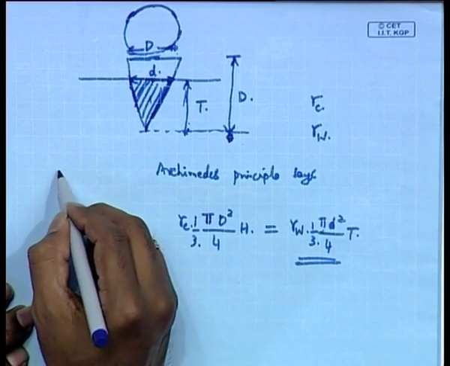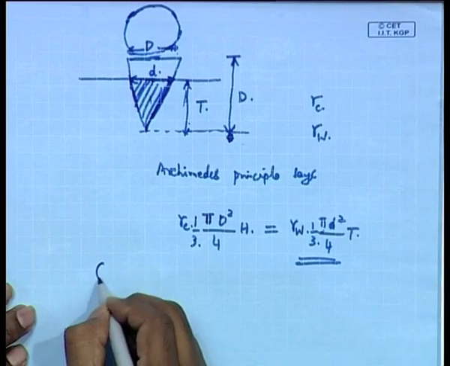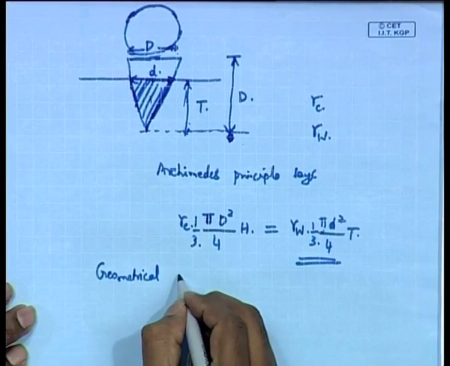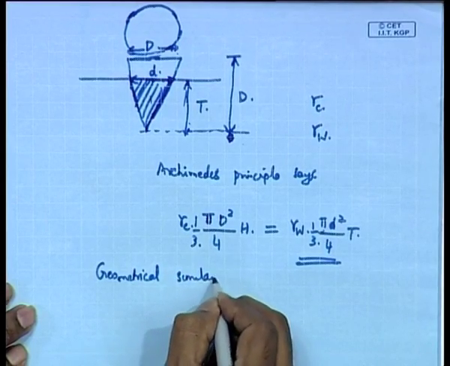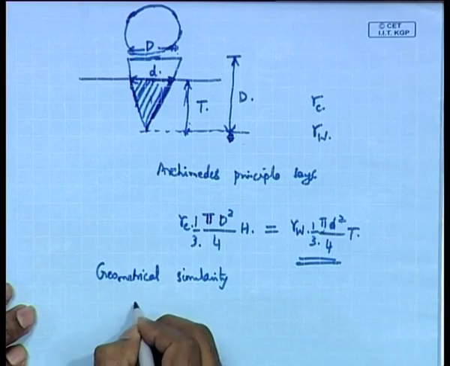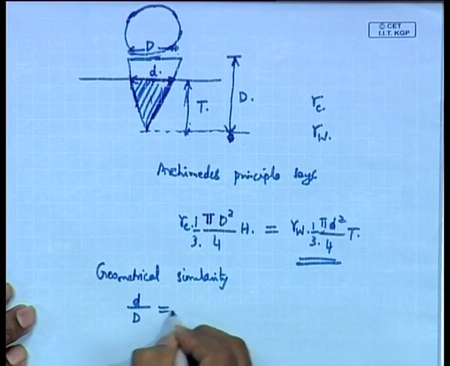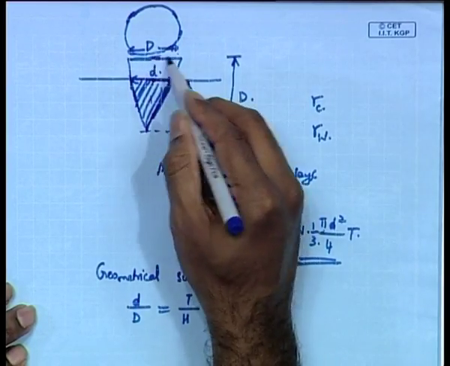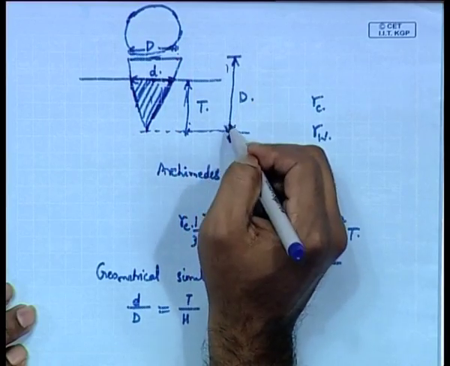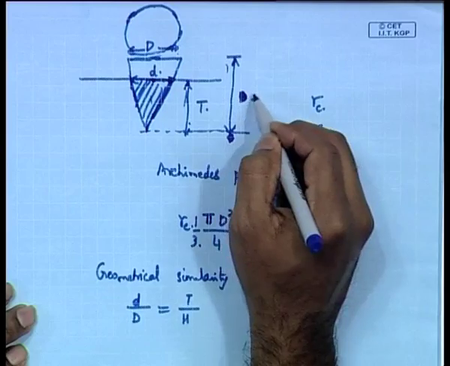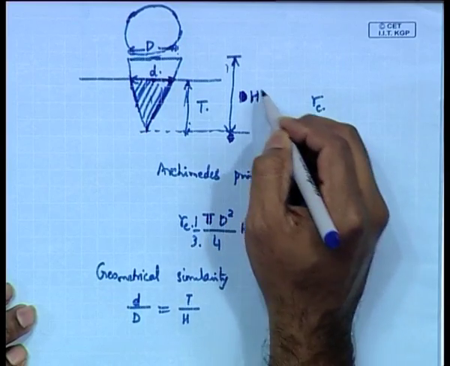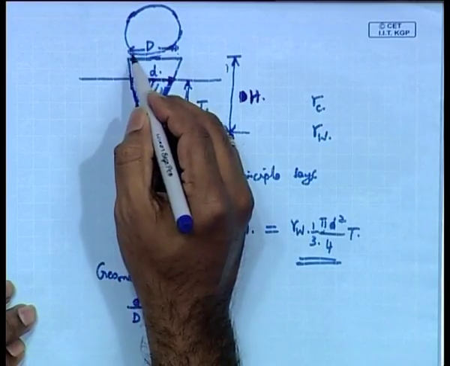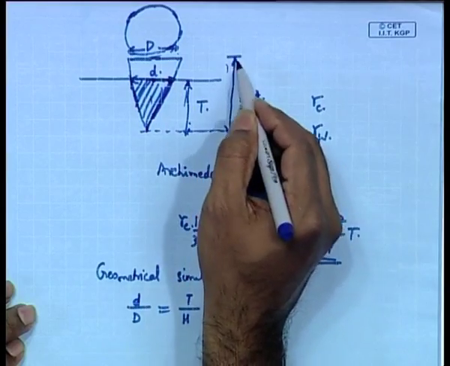Then we can put in a geometrical similarity, because it is the same cone. Geometrical similarity says that small d by D is equal to t by h. This is D, this is small d, and this is h.